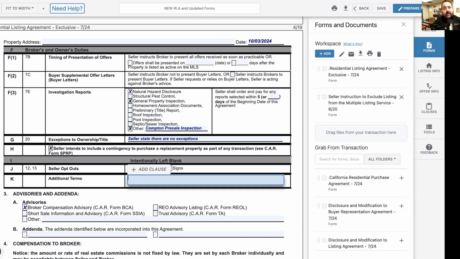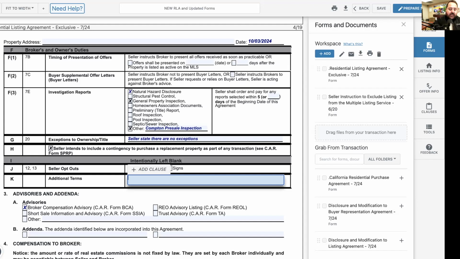Like, I know that some agents tell their sellers that their seller can cancel this listing at any time. I don't necessarily agree with that business model, but to each their own, and anybody could have whatever business model they feel works for them.